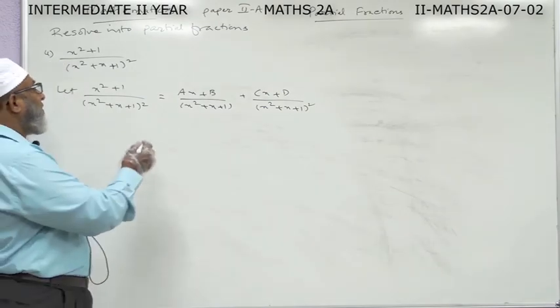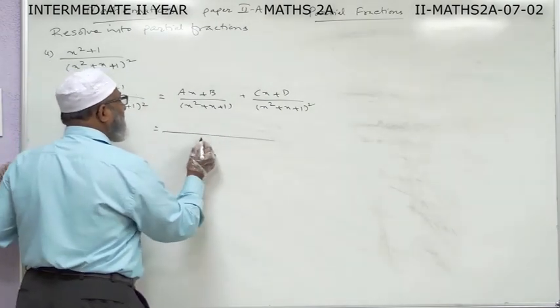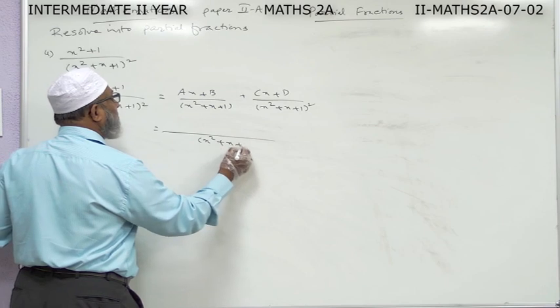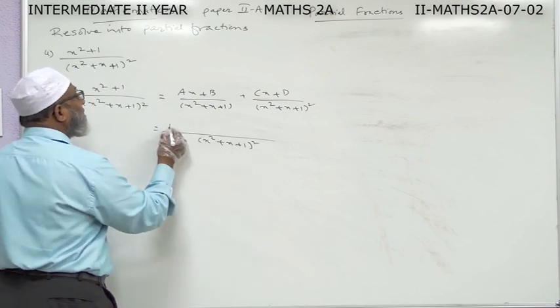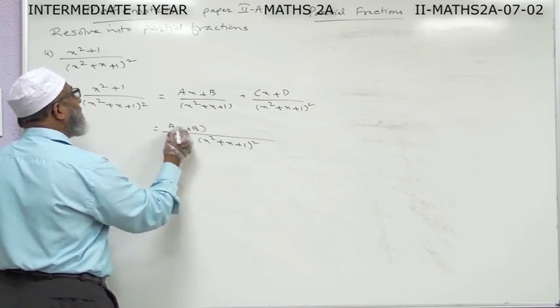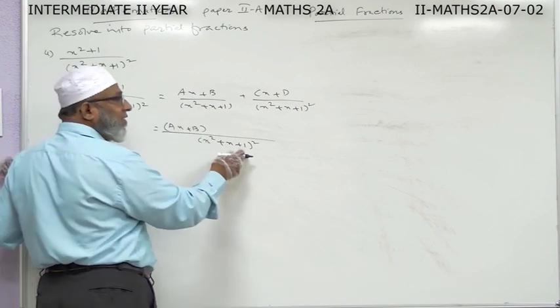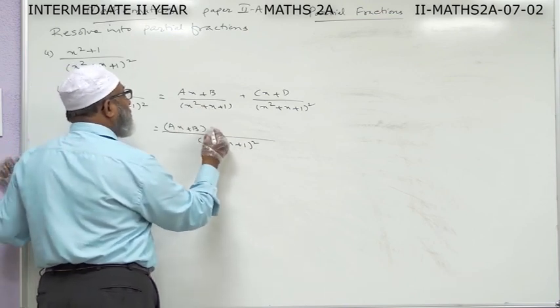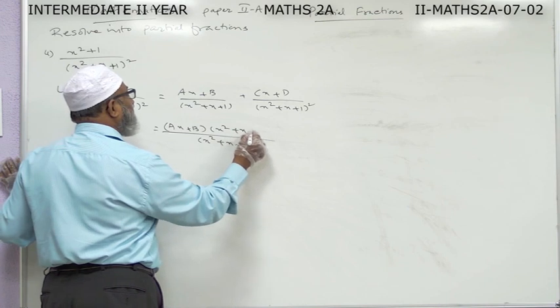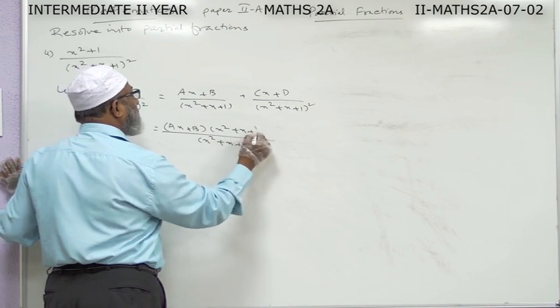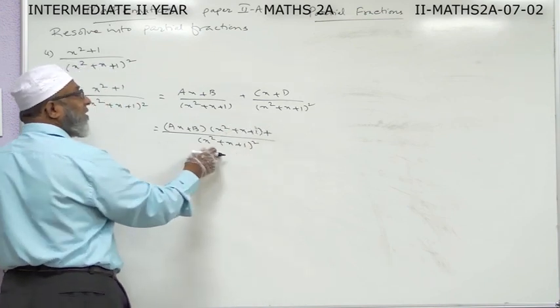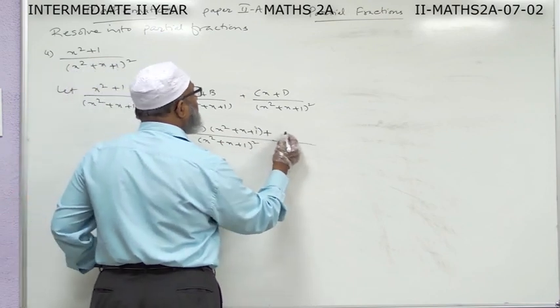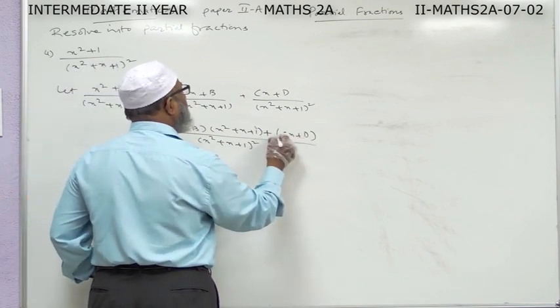Now, again, if I take the LCM, what happened? This is x square plus x plus 1 whole square and this is nothing but ax plus b into, if I divide by this, I am getting one term, so x square plus x plus 1, plus, if I divide this, I am getting only cx plus d.